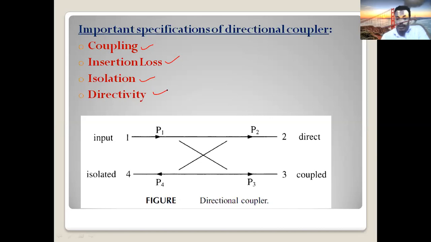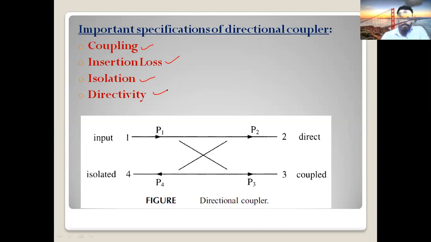The directional coupler is a very important device in microwave communication systems, used in many applications. We'll see some applications later. So let's see some examples on these specifications.